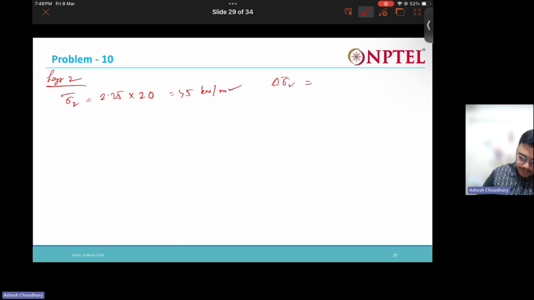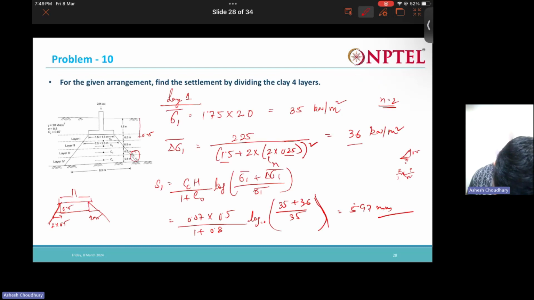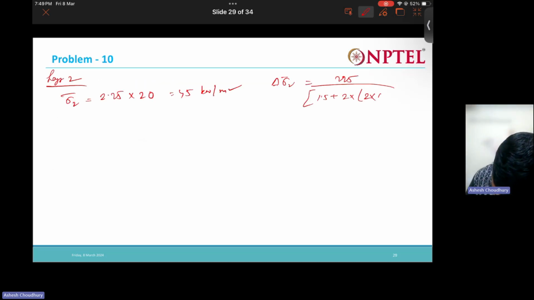Delta sigma 2. What is the depth from here to here? 0.5, 0.75. So it's 2.